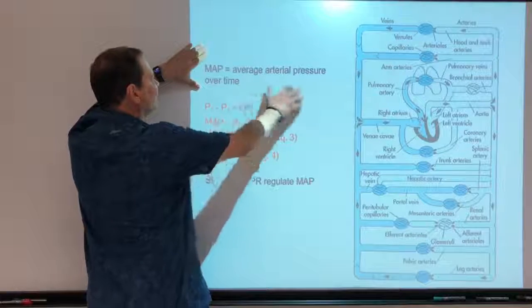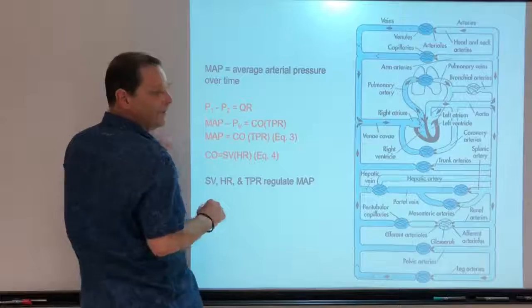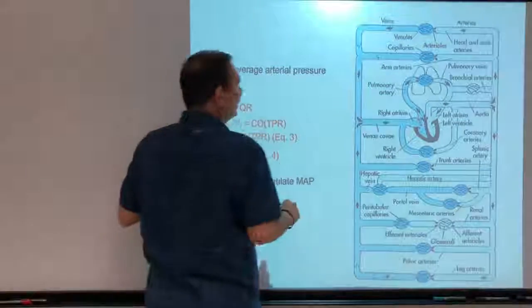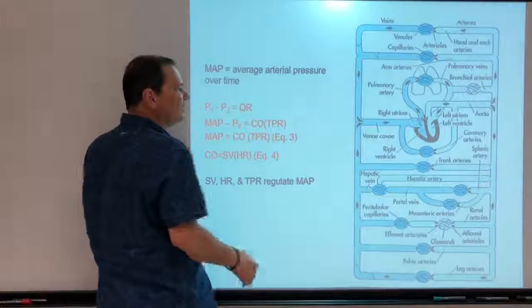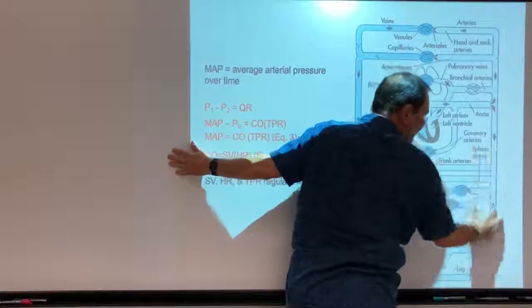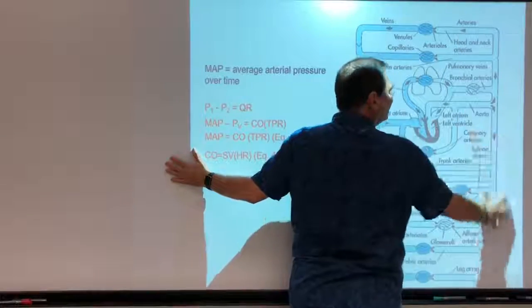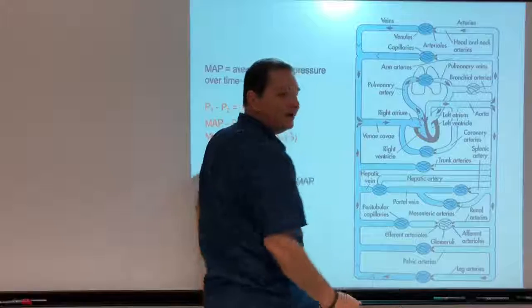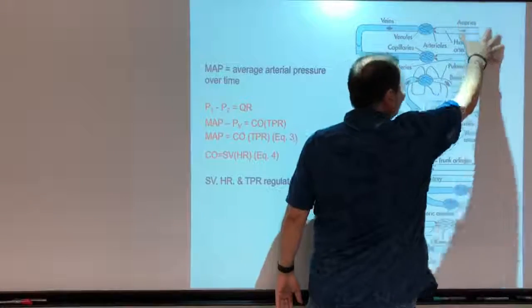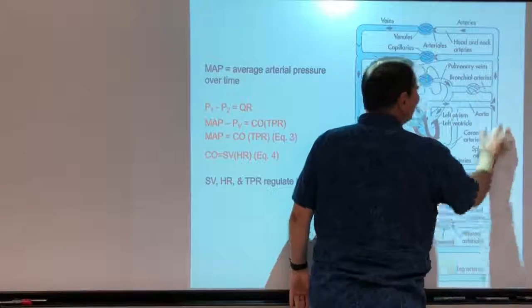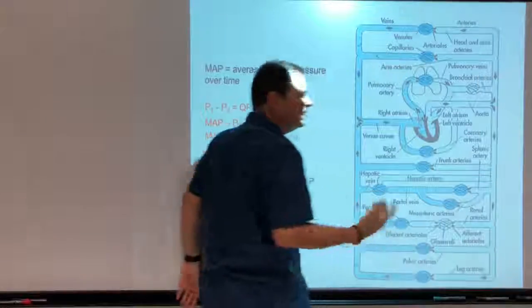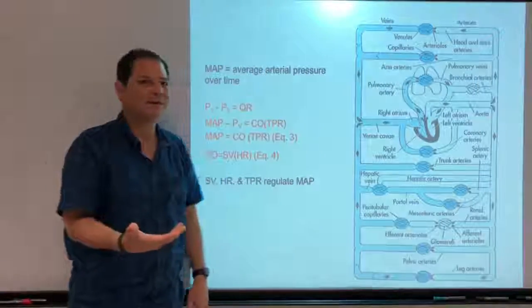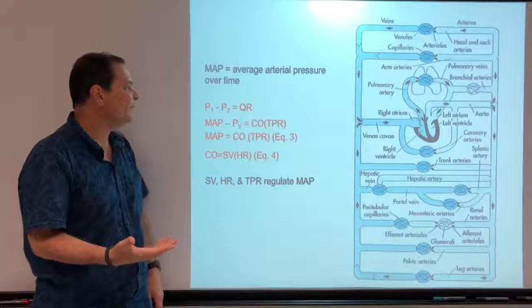That is the average arterial pressure over time, and we'll talk about what that means a little bit later. But the mean arterial pressure is the pressure in your arteries as a whole. What you find, at least in terms of large arteries, is that that pressure is in fact pretty much the same everywhere, and it is the mean arterial pressure, okay?